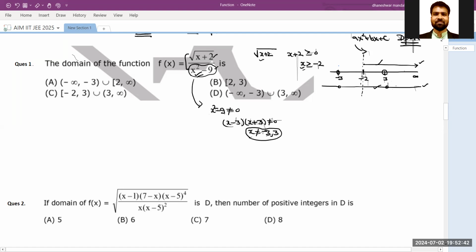If I take any number less than minus 2, only one line is there. It means one condition is satisfied, the other condition is not satisfied here. So what is the common condition from these two? I can take the value of x from minus 2, and I include this value, to 3, union 3 to infinity. So this is the answer of this question. Option C is the domain of this function. Is this clear to everyone?